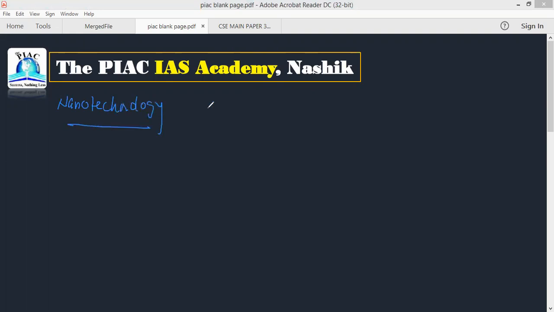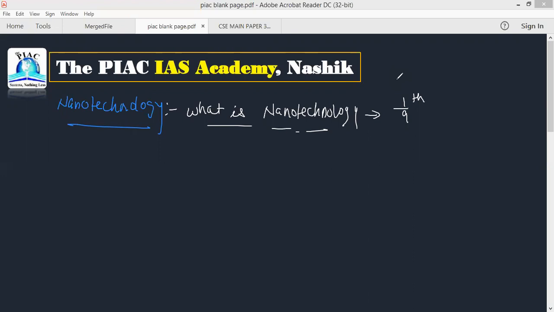In a general sense we say that it is a one-ninth part of any object. Whatever object you are seeing today, nanotechnology takes that object to the one-ninth level of its original form, in size. That is what we talk about in nanotechnology.